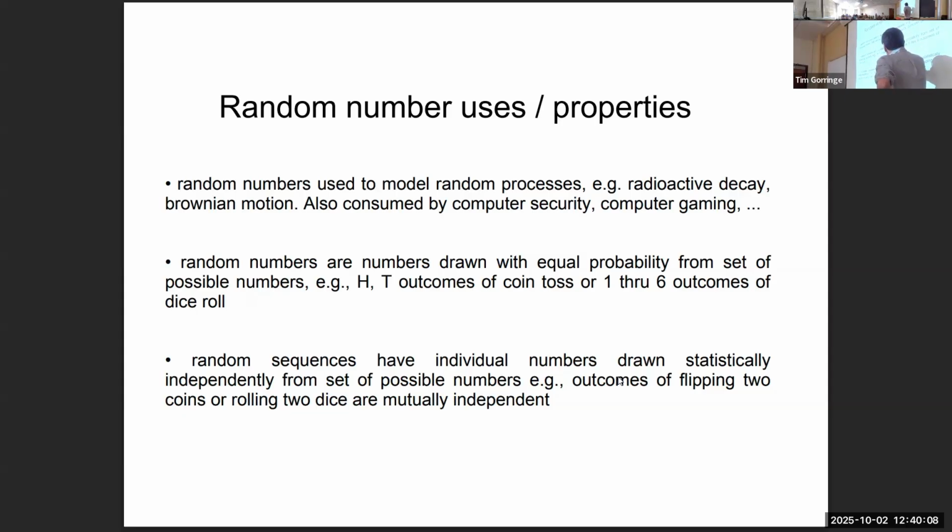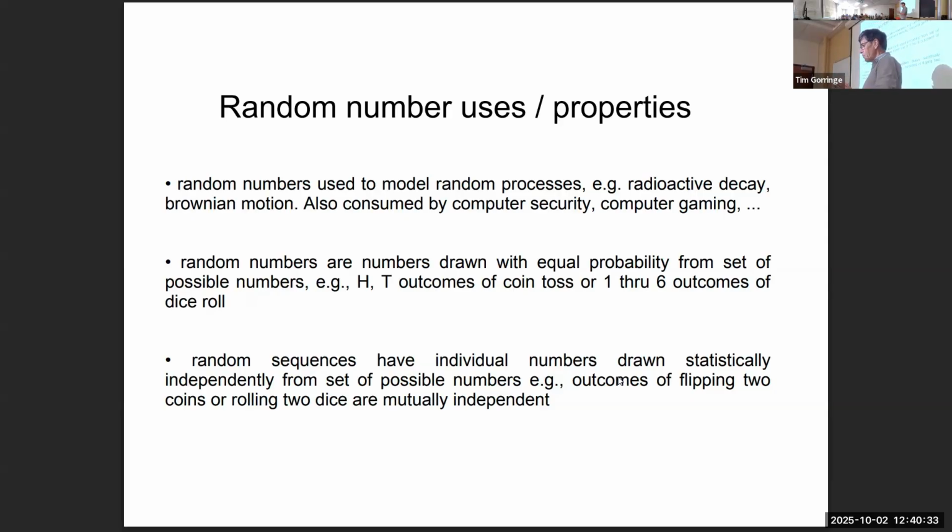Here are a few specifics about what we're going to mean by random numbers and random number sequences. Random numbers are numbers picked from a complete set of possibilities.